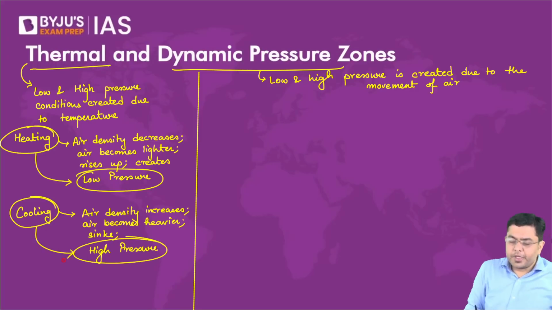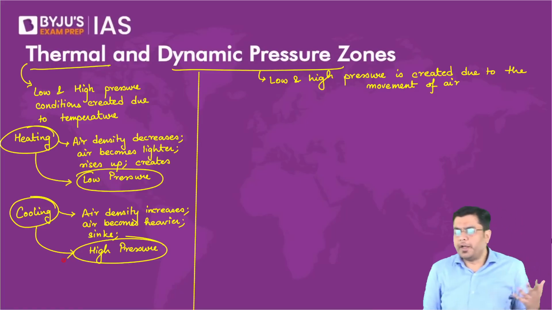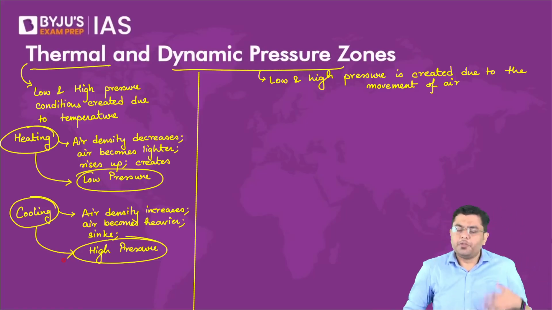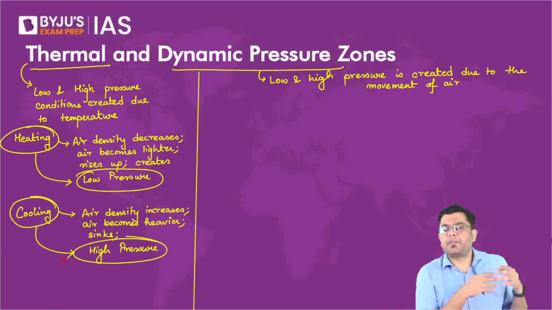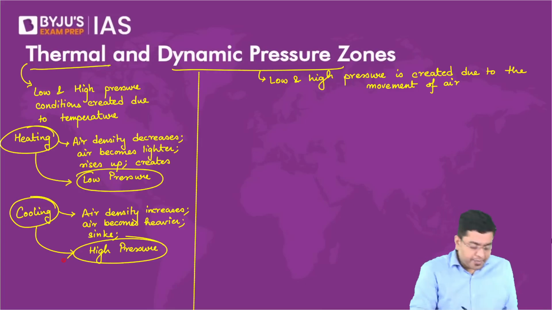So this is the condition of the thermal high and low pressure which is created due to the conditions of heating and cooling. Wherever the region is heated, there can exist a condition of low pressure. Wherever the region is cooled, that can create a condition of high pressure.